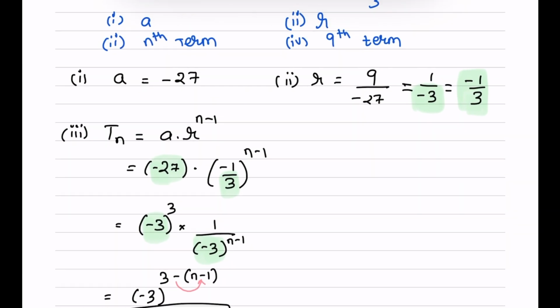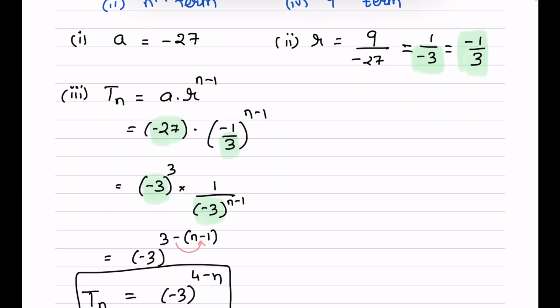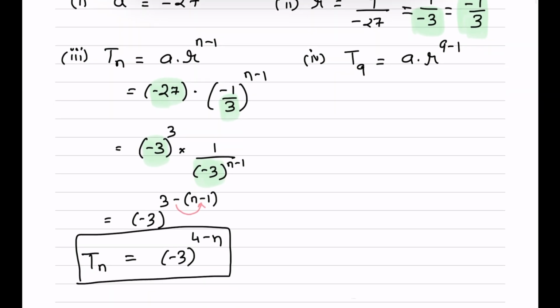We also need to find the ninth term of this geometric progression. So the ninth term can be given using the formula T9 equals A times r raised to 9 minus 1, or we have already simplified the general term for this geometric progression.